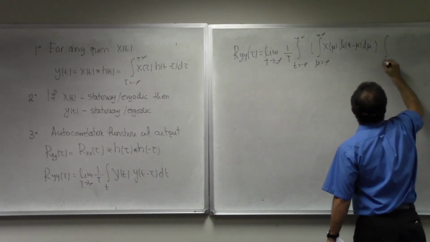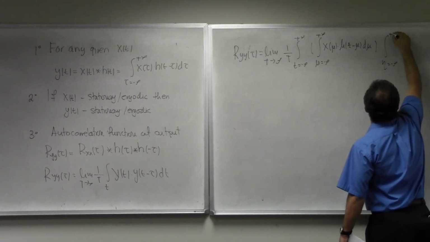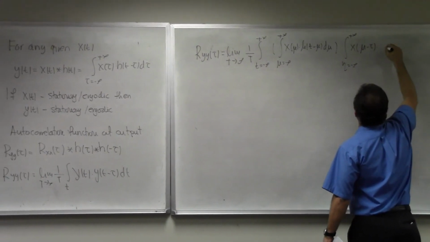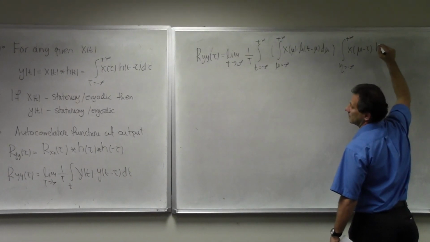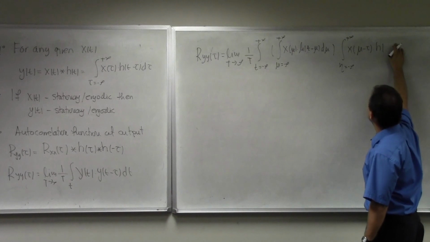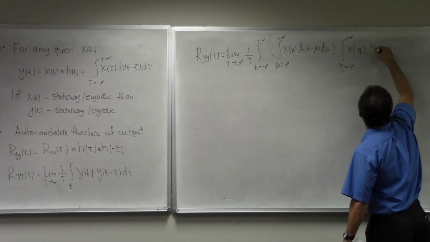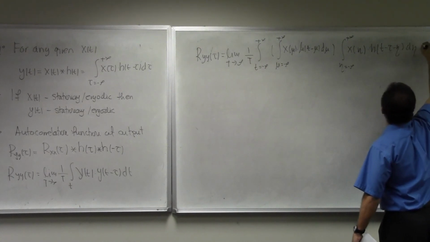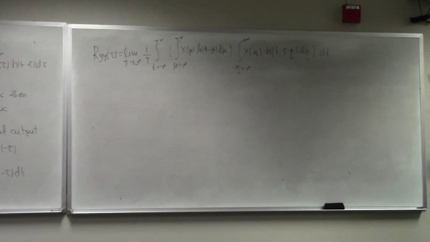And the second one becomes integral when nu goes from minus infinity to plus infinity, x of nu times h of t minus tau minus nu d nu, and then everything dt. It's a little messy, but relatively straightforward.